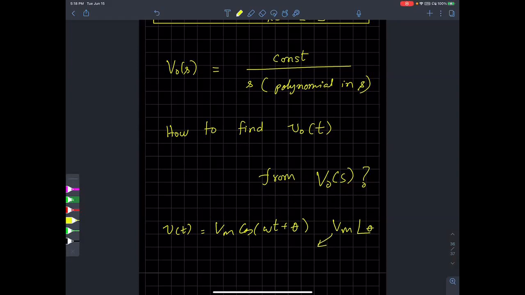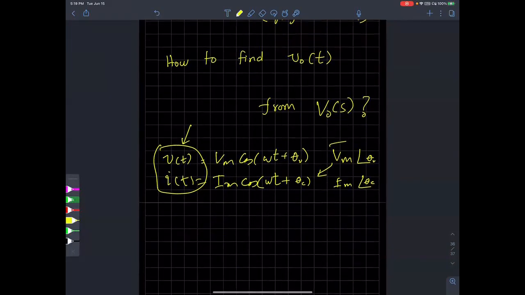Then we did all our math. If there was an I of t, Im cosine omega t plus theta c, we did some gymnastics, Im angle theta c. We did all our v times I, v over I, whatever we wanted to do, in the polar and rectangular domain.